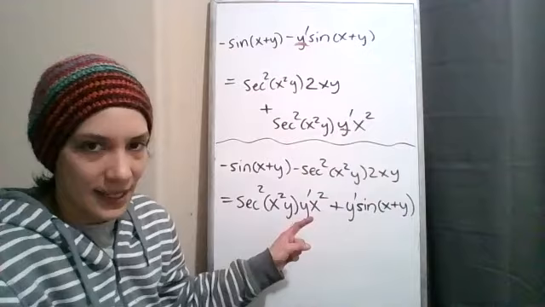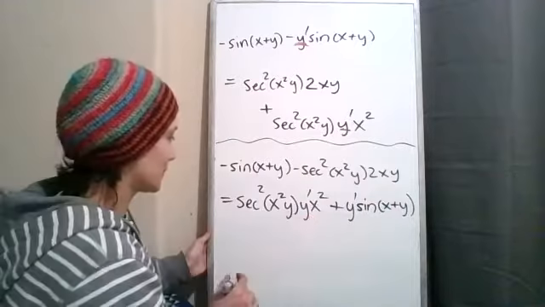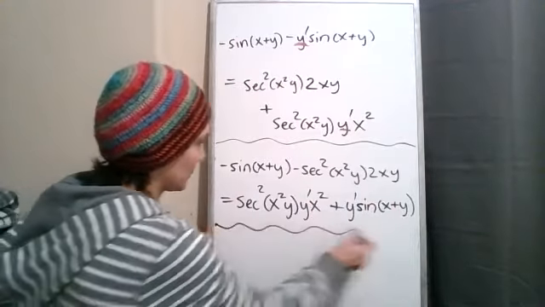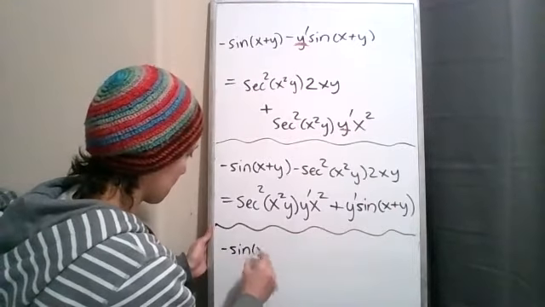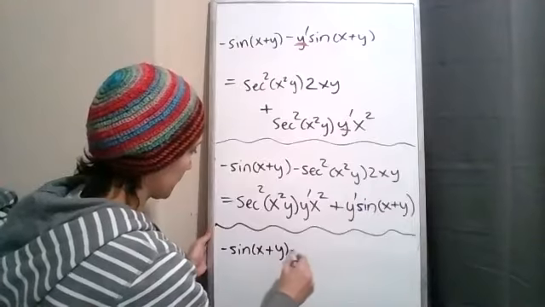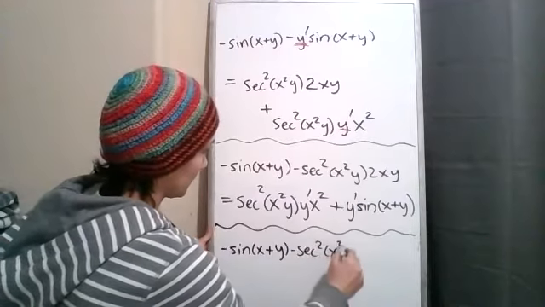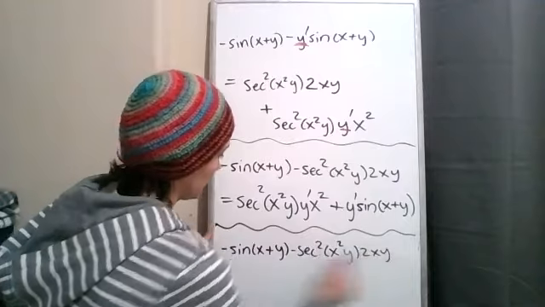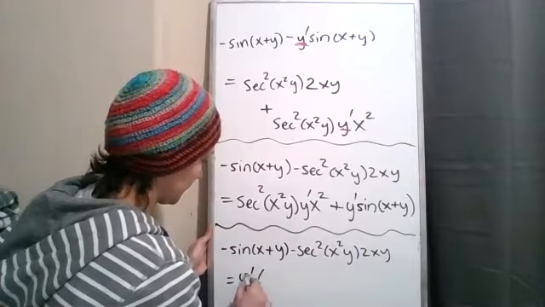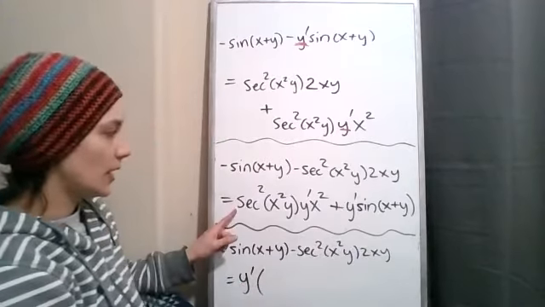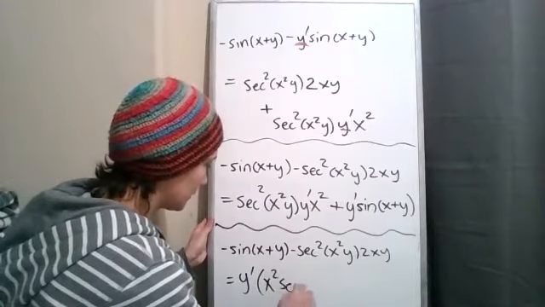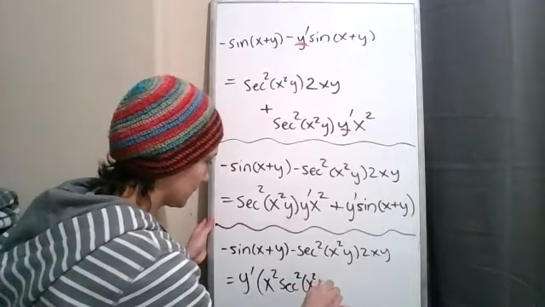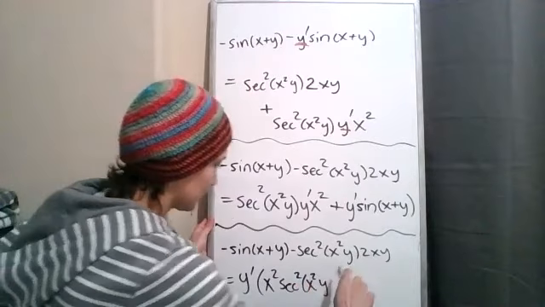Okay, so from this side, we factor out y prime. So we've got x squared times secant squared of x squared y plus the sine of x plus y.